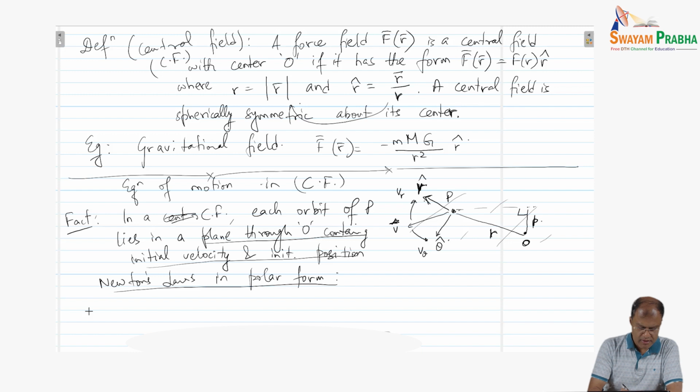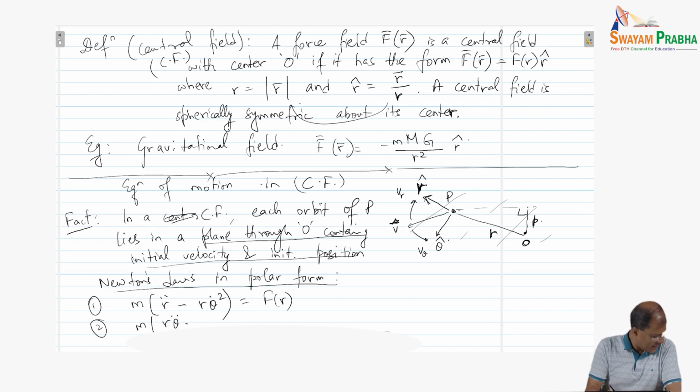We have the radial component: m times (r double dot minus r theta dot square) is F_r, and we have the tangential component: m times (r theta double dot plus 2 r dot theta dot) is 0, right? And then these are the two components of the equation of motion.